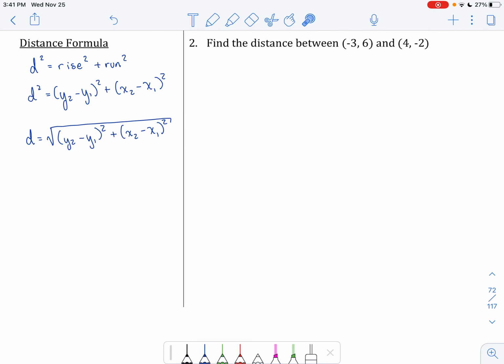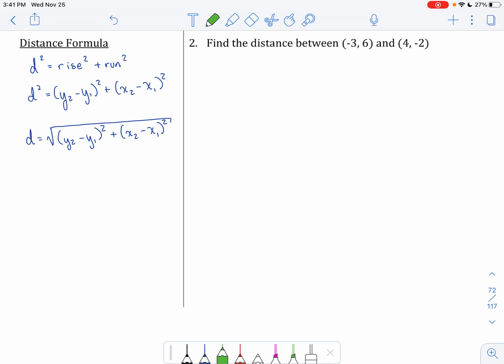If you remember from the formula for slope, the rise is the difference in the y values, and the run is the difference in the x values, squared from the Pythagorean theorem. And then to get d by itself, you just take a square root. This is definitely one of the more complicated formulas that you will be using in this class, and so you can absolutely make sure you have your notes and everything out and available to you when you're taking quizzes, doing the check-ins, and doing the notes, because you are allowed that.